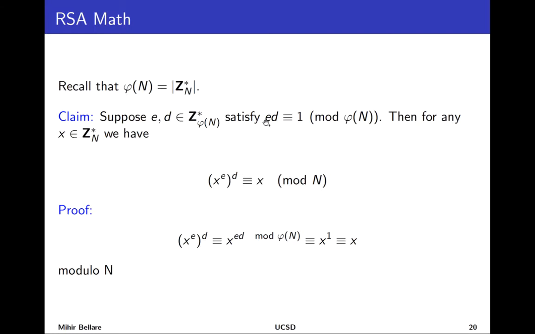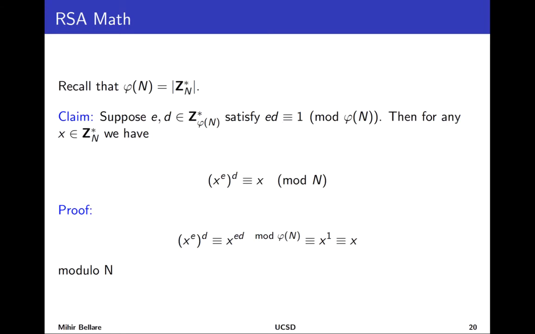I choose them so that if you multiply them, you get back 1 modulo phi of n. I know that's possible because if E belongs to this set, since this is a group under multiplication mod phi of n, E has an inverse. And that inverse is exactly the D satisfying this equation. So I'm just saying I pick a point E in here and I let D be its inverse.